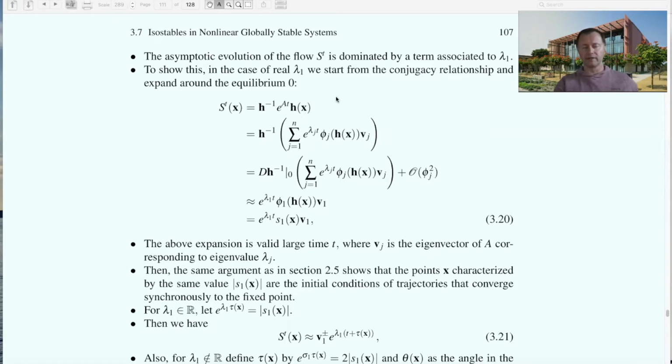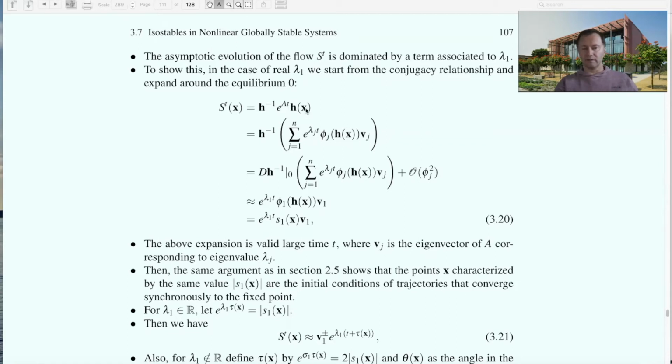So if we look back to our spectral theory on linear equations, we'll find that e^{At} is really the sum, j equals 1 to n, n being the dimension of our state space, of e^{lambda_j t} phi_j of h of x.